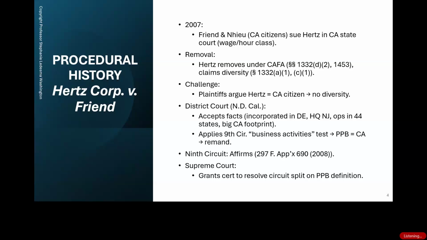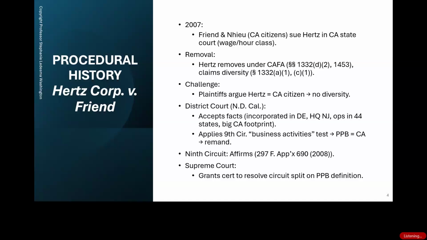The plaintiffs were alleging that Hertz violated some labor laws. They sued in state court, great. They were seeking damages and relief on behalf of a class of California citizens that were similarly situated.